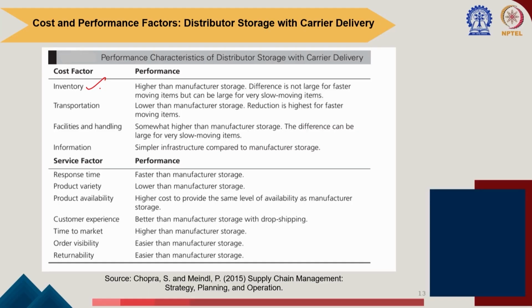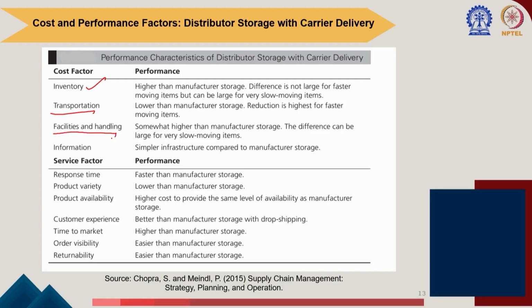But if the goods are taking time for the final consumption, and demand is not that high, then inventory cost will be high. Transportation cost is lower than manufacturer storage, because now the outbound logistics cost is reduced because the distance has reduced.